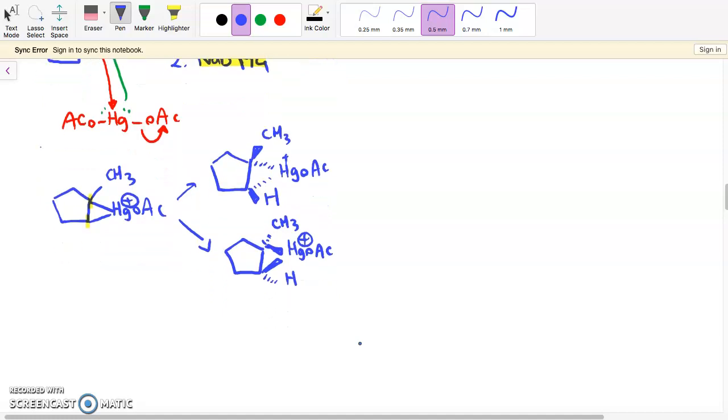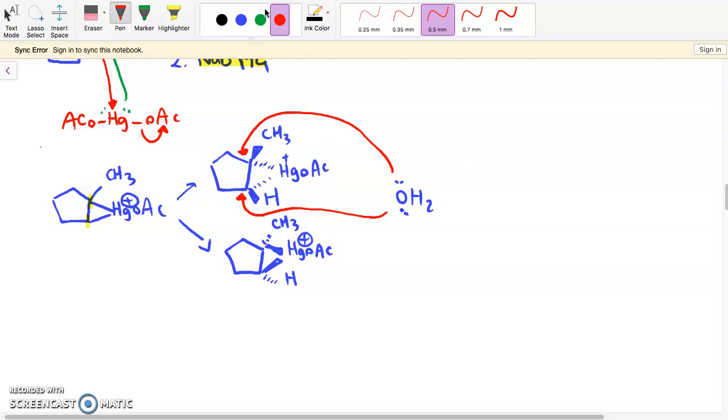Now, in the next step, we have water floating around in the solution, and we know that can act as a nucleophile. So we have water. Now the question is, is this going to attack this carbon or this carbon?